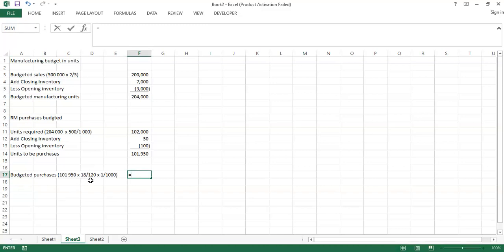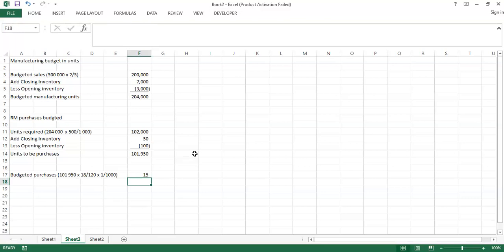So we start off by dividing 18 by 120 so that we find the price per gram, and then we convert the price per gram to a price per kg by dividing by 1000 or multiplying by 1/1000. So this is going to be 101,950 times 18 divided by 120 times 1 divided by 1000. So this is basically what we are going to spend there.